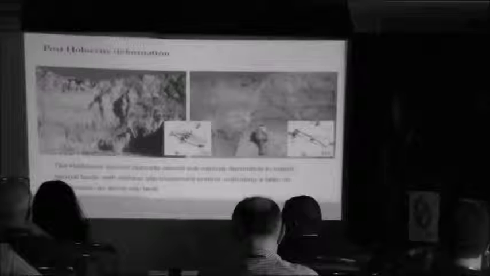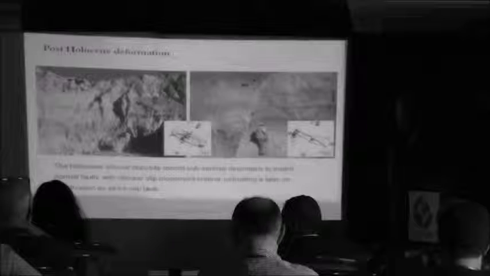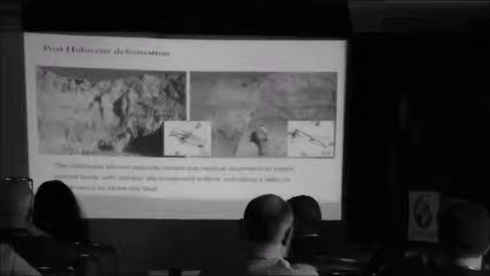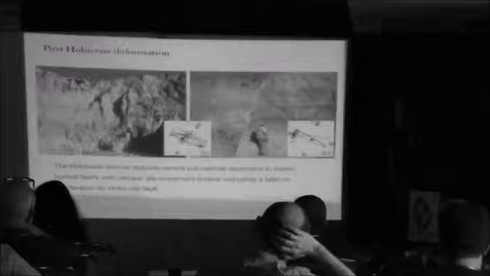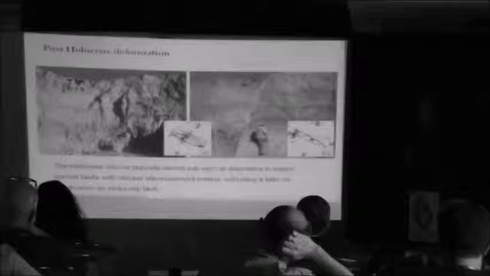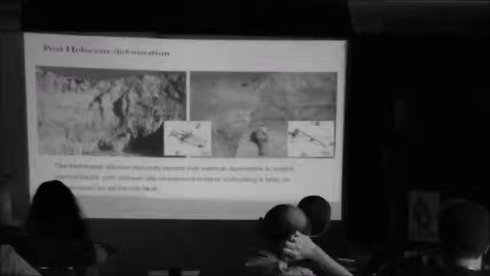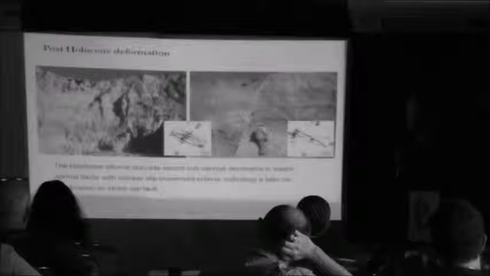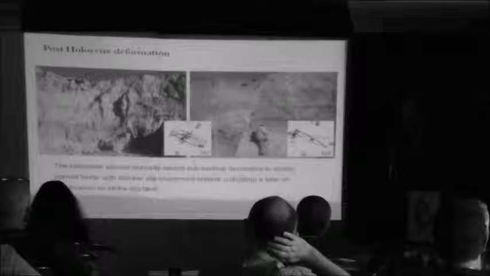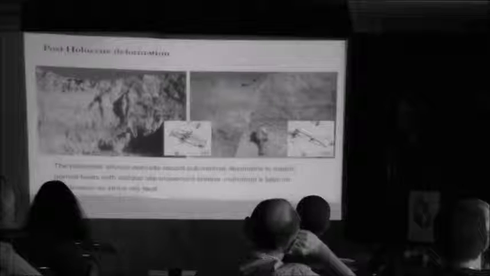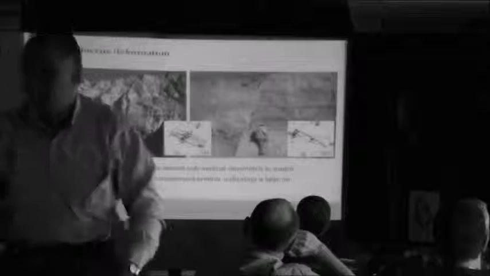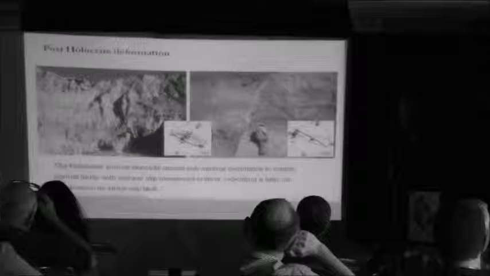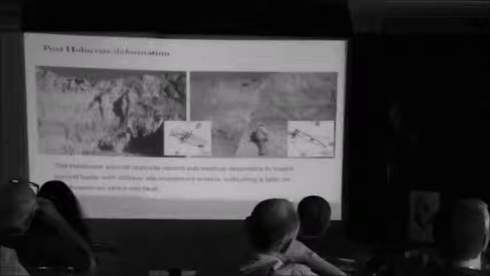The post-Holocene deformation, as in the Holocene terrace, has recorded alluvial deposits with subvertical, asymmetric to metric normal faults with oblique slip movement criteria indicating later reactivation as strike-slip faults. The slip down here is a few meters.